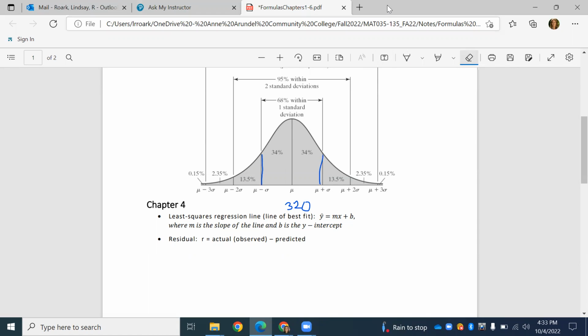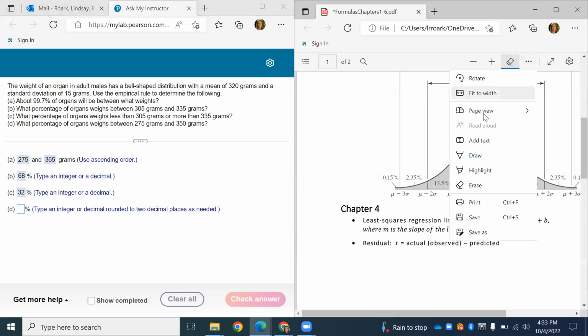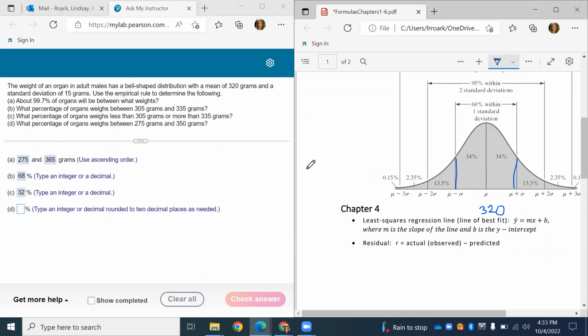But for a question like we have on part D here, where it's asking between two different values. It's saying between 275 and 350. So if you remember, I'm just being kind of lazy and not writing this all down. 350 was 2 standard deviations to the right, and then 275 would be all the way over here. So sometimes this is a good candidate just to go ahead and add up.